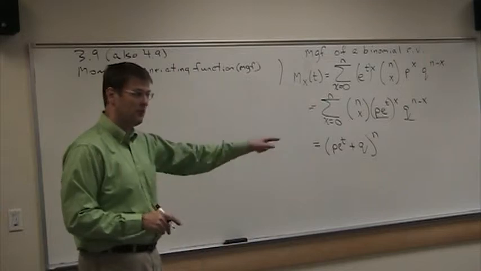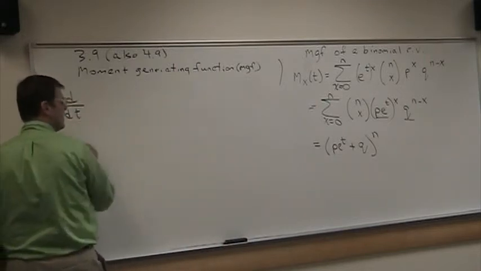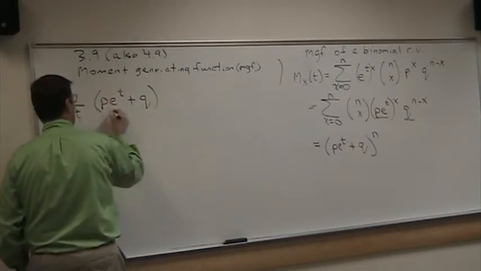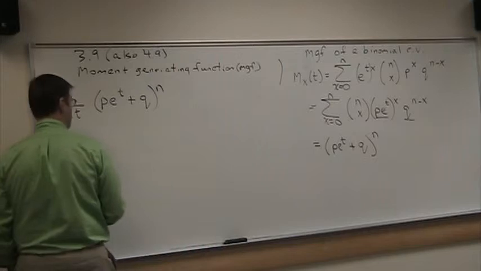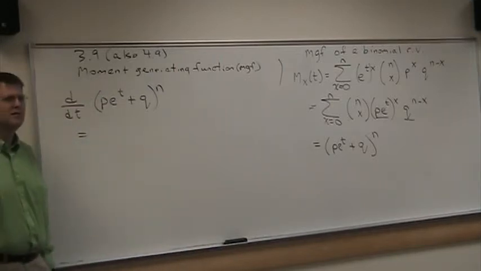So that's what we should get if we take the first derivative and set t equal to 0. So we want d/dt of (p e to the t plus q) raised to the n. What do we need from Calc 1?